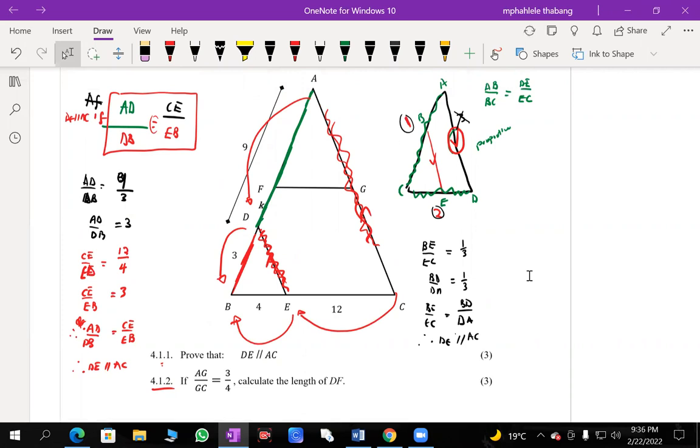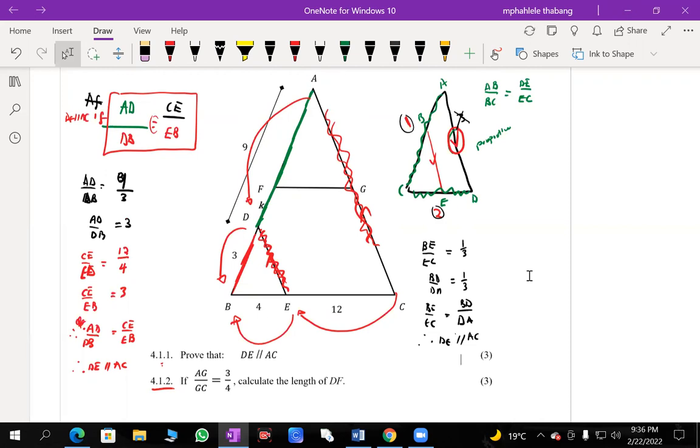Most of the time, we have a tendency of just giving the shortcut of a theorem. We just say proportionality theorem. That's what you guys do. You have this tendency of just giving a shortcut, but it's fine.